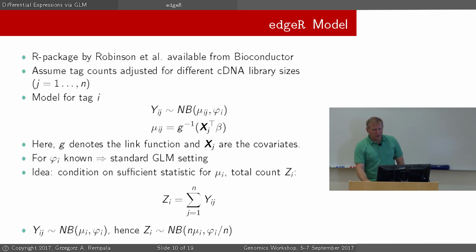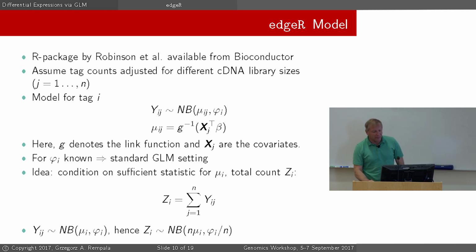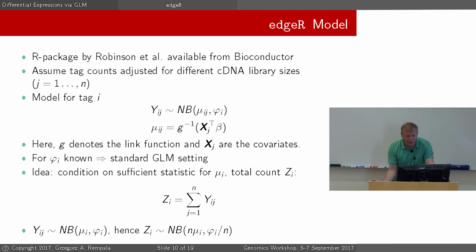So assuming for now, just to make things a little bit simpler in explaining it, that I don't have any covariates, so the means are just the means, I can now calculate, because I am in this family, which is a GLM, the exponential dispersion family, I can basically identify the least amount of information that I need in order to be able to estimate my parameters.